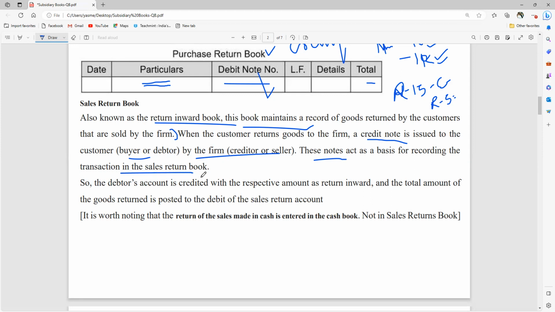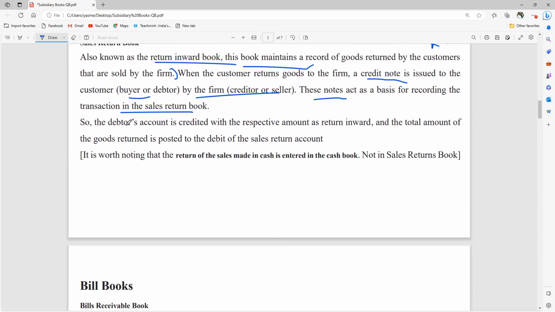So for the purchase book, the purchase invoice; for the sales book, the sales invoice; for the purchase return book, the debit note; and for the sales return book, the credit note will act as the basis for recording the transaction. The debtor account is credited with the respective amount, and the total amount of the goods returned is posted to the debit of the sales return account.